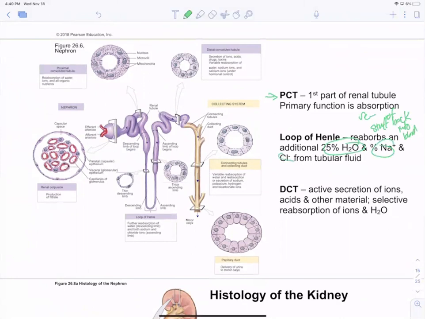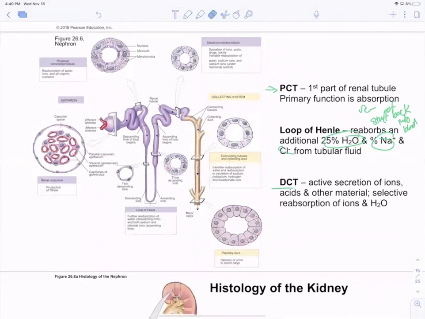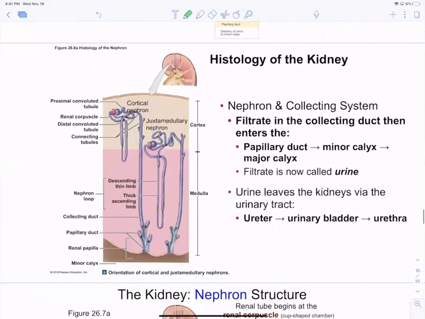And then the distal convoluted tubule, you have kind of a fine tuning of the urine. So there's secretion of stuff back into the urine filtrate and reabsorption of other things like water, sodium, and so forth. And that's really hormonally controlled. So here's kind of where the hormones come into play, at the distal convoluted tubule and collecting duct.